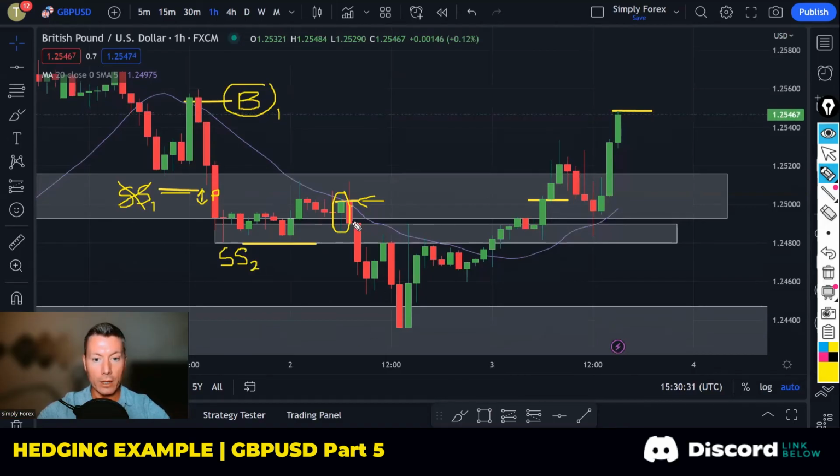Okay, and then I was just in this sell stop, price was breaking down. But then what I wanted to see was the H1 structure change and become an uptrend. And as soon as we broke these highs through here, the H1 structure became an uptrend.